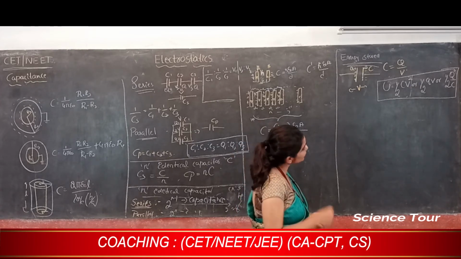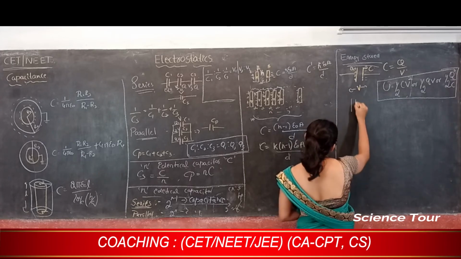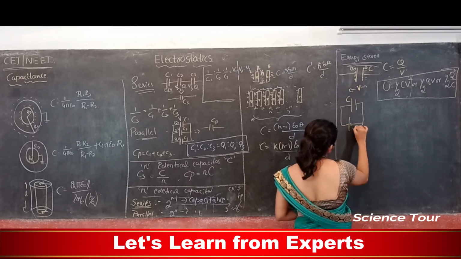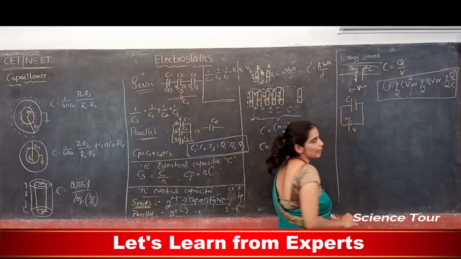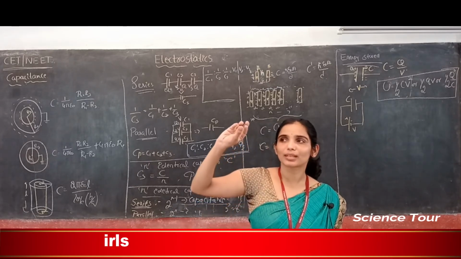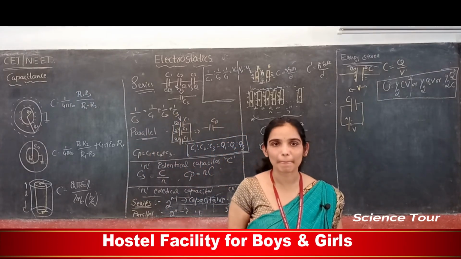Now this capacitor is charging. Okay, this capacitor is kept for charging through a battery, with positive terminal and negative terminal. So what do we mean by charging? Charging means carrying electrons from one plate to the other plate. Am I right?